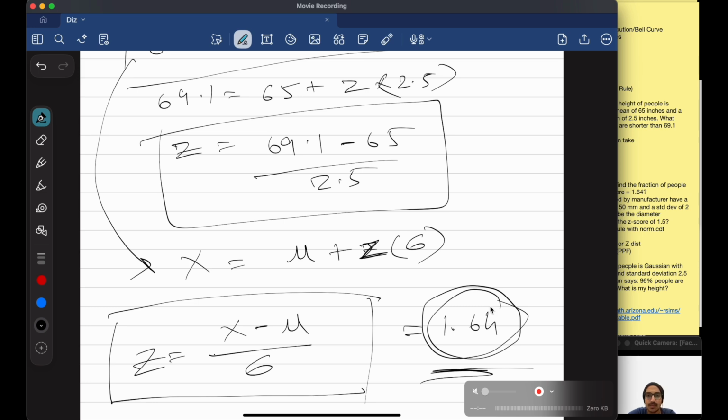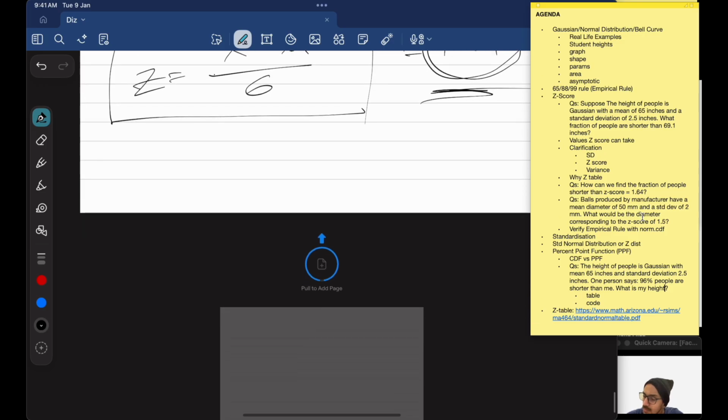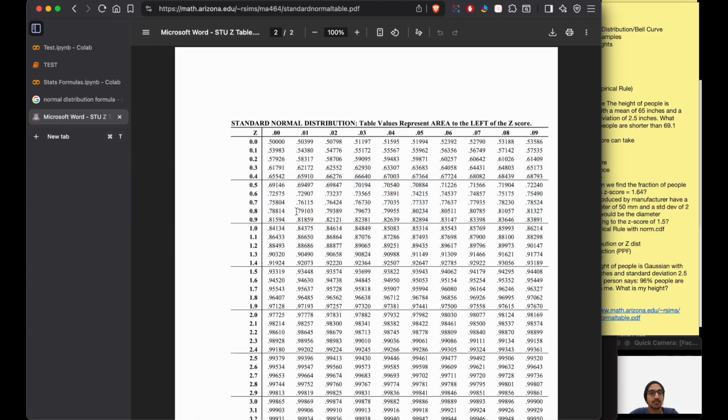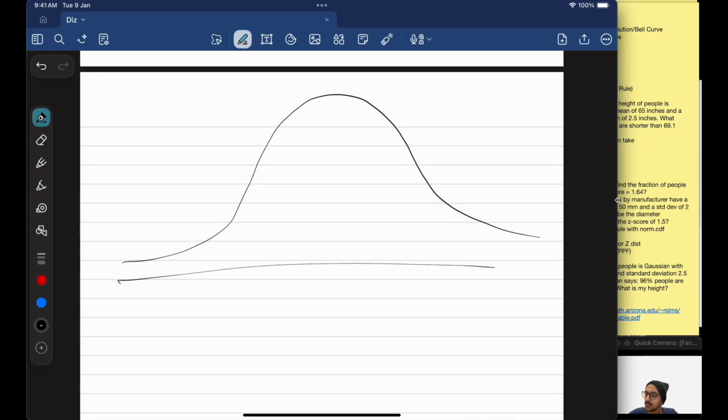Or rather, why are we using this table to find the probability? Like I said before, we can find the area under the curve using the PDF value, right?